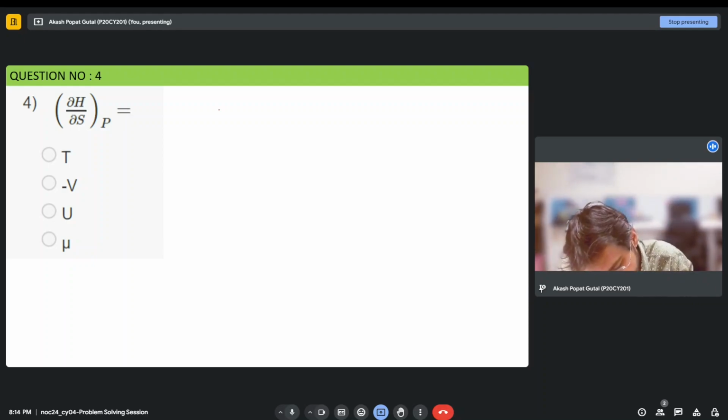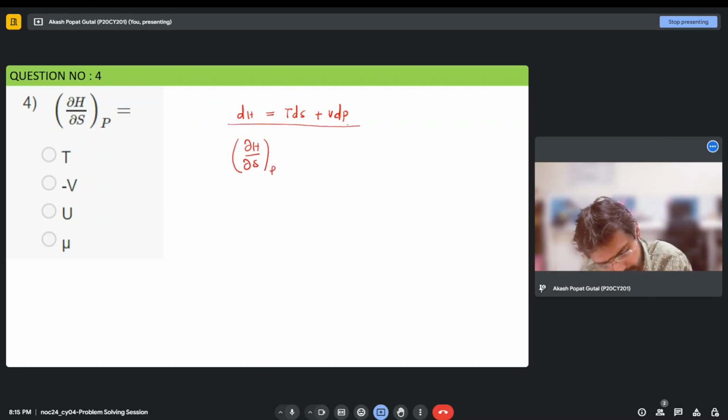So we know the differential relation, dH is equal to TdS plus VdP. We need to find out what is del H by del S at constant pressure.